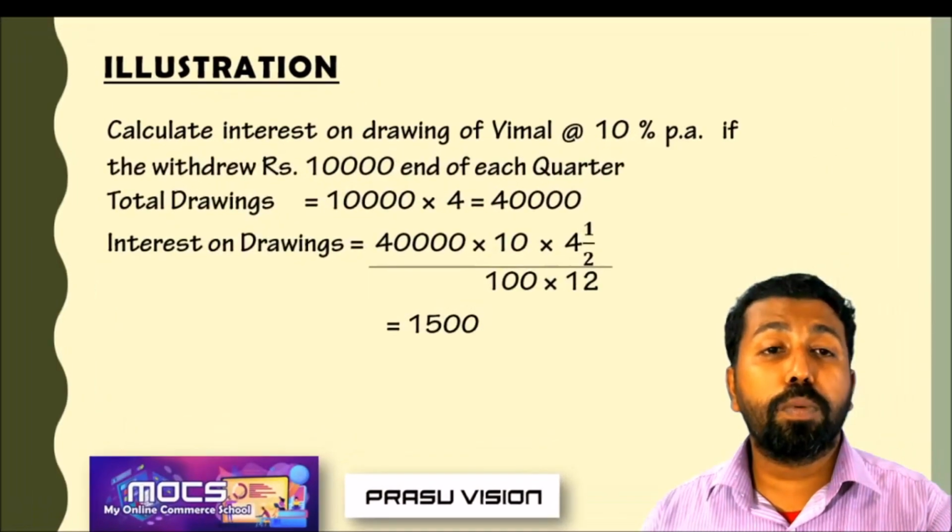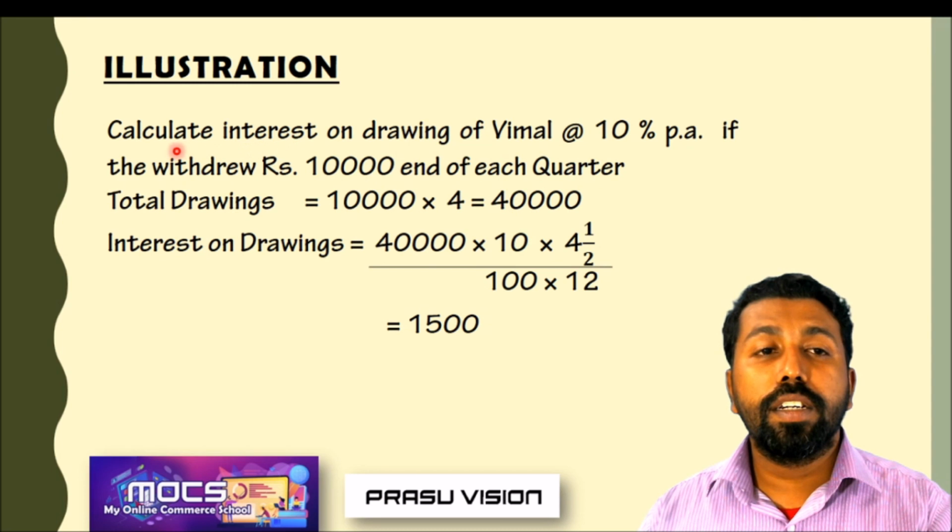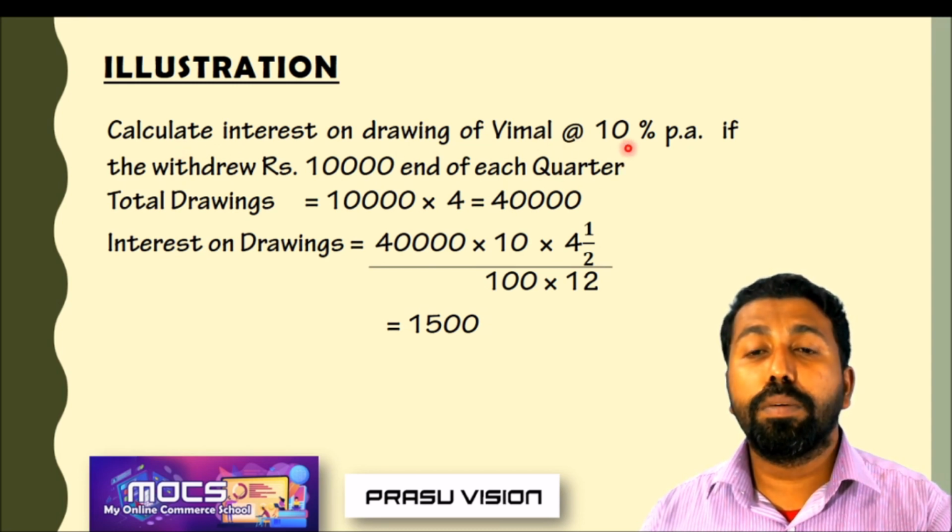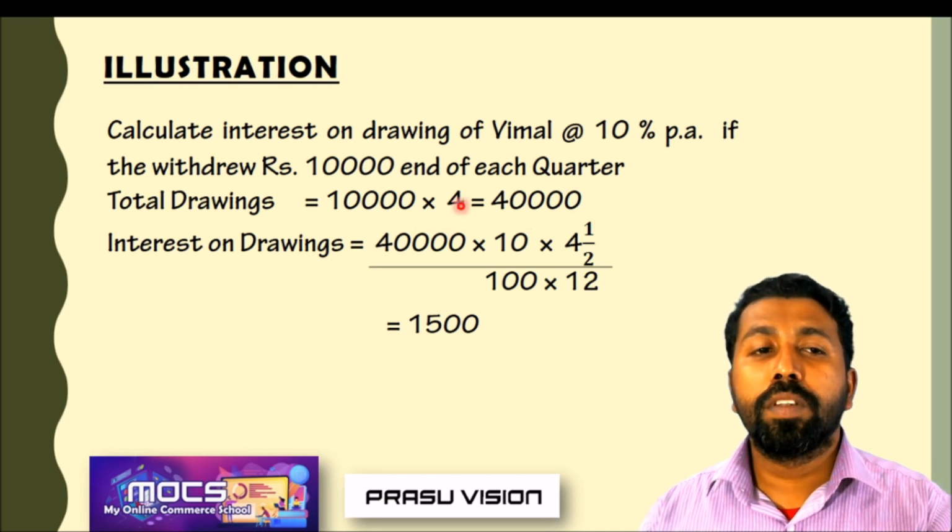Let us look at this problem. Interest on drawings has to be calculated for Vimal's drawings. 10% is the rate, 10,000 is the amount of drawings, and it is made at the end of each quarter. So no change. Total drawings is equal to 10,000 into 4. 40,000 is the amount of total drawings. Interest on drawings is equal to 40,000 into rate by 100, 10 by 100, into average period.